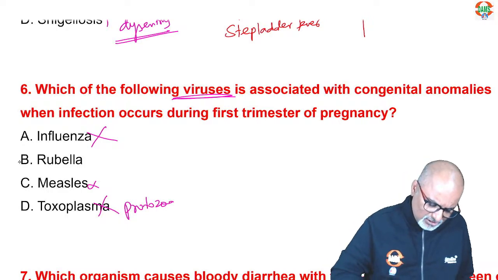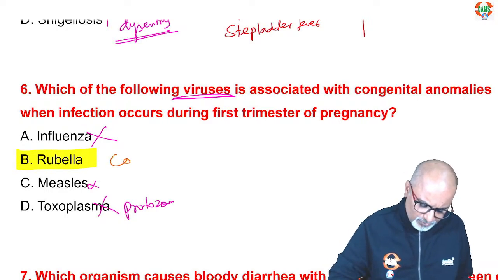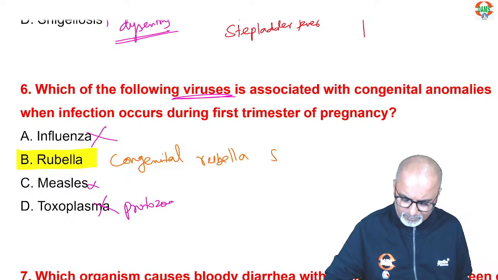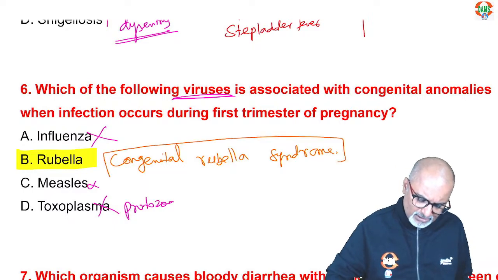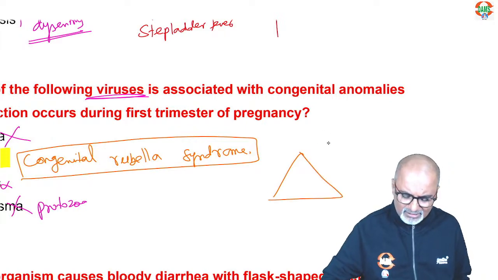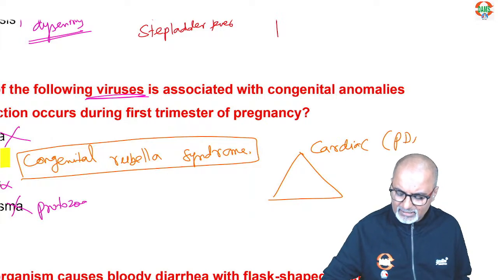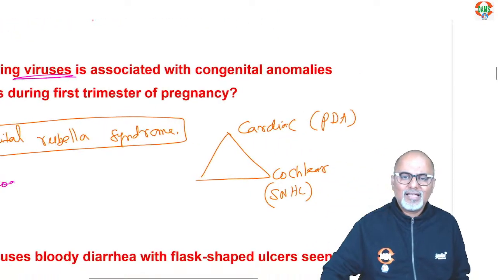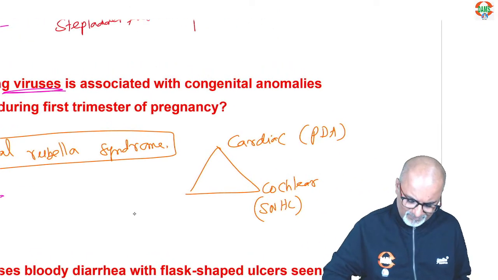Rubella causes congenital rubella syndrome, a triad of CCC: cardiac defect, patent ductus arteriosus; cochlear defect, sensorineural hearing loss, bilateral; and congenital cataract.